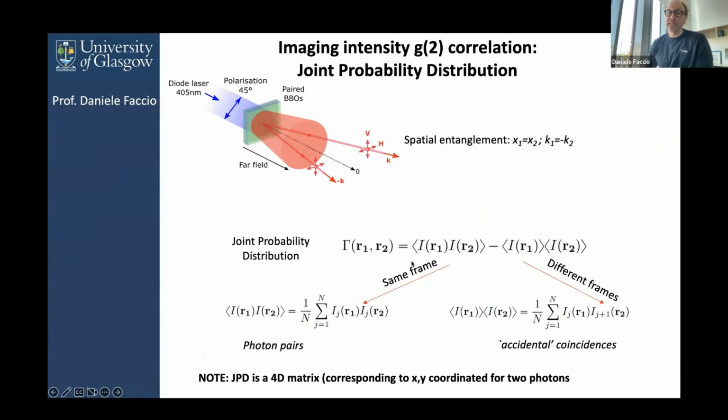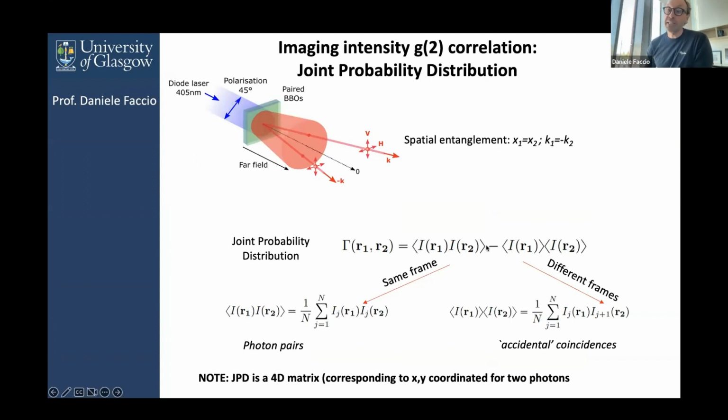What we're actually doing in a bit more detail is building this joint probability distribution, where I'm looking for the correlations within the same frame, but then I also need to subtract out what we call accidentals. That is fake correlations that are due to detecting one photon and then the other count maybe being due to noise.